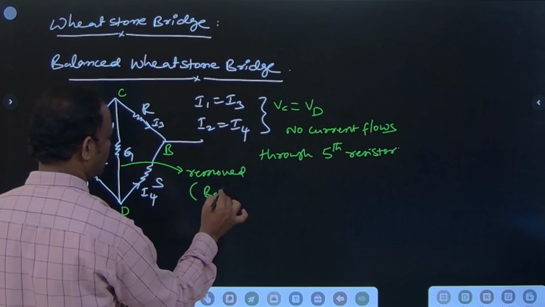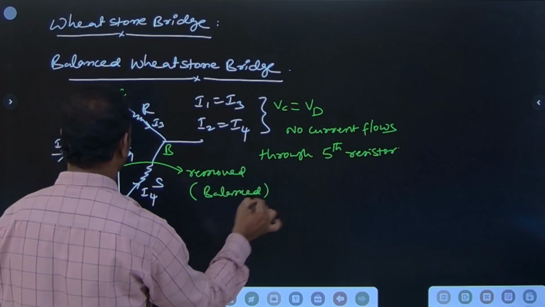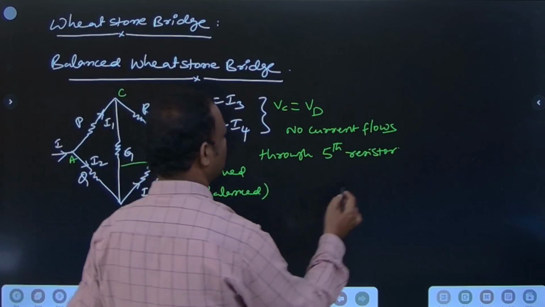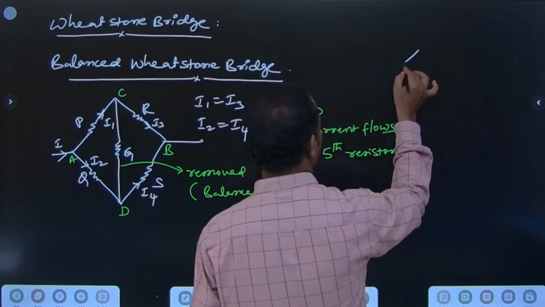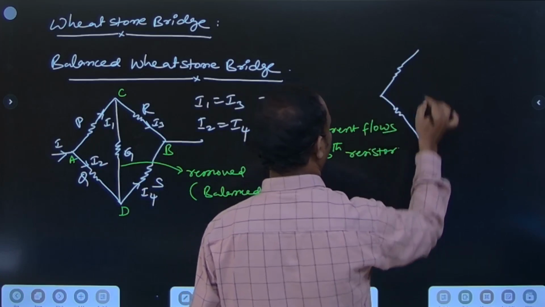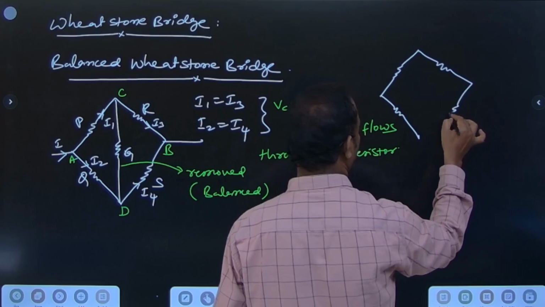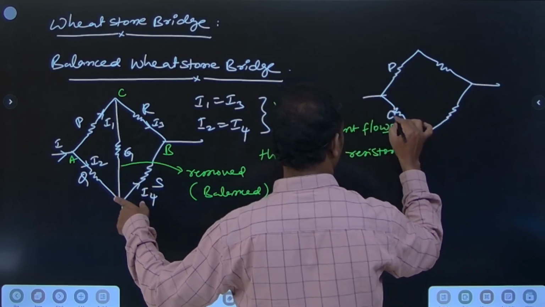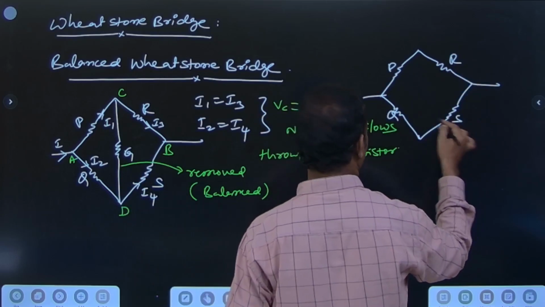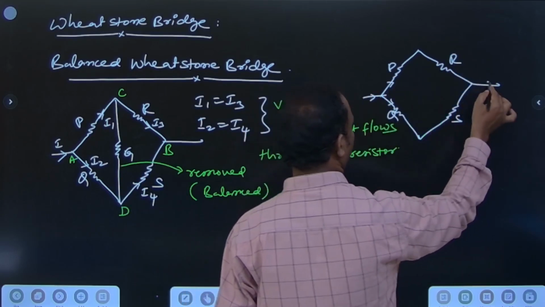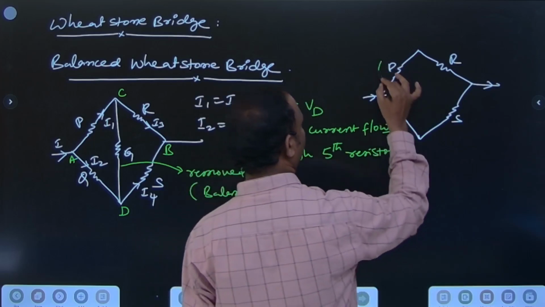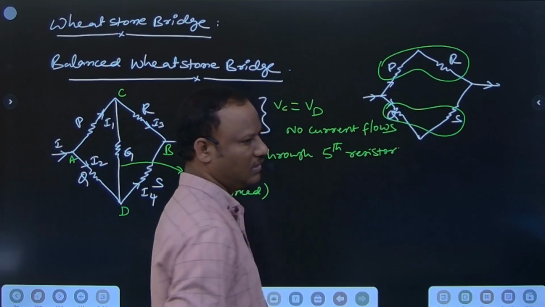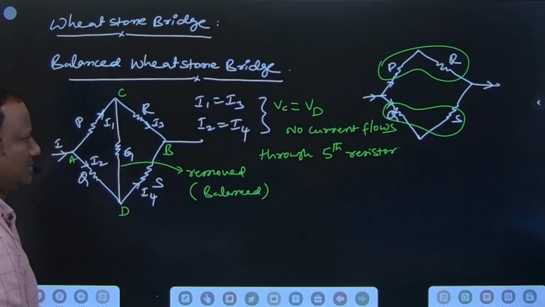For the balanced condition, when it is removed, the circuit becomes P and Q, and R and S. These two are in series, and these two are in series. Then the two branches are in parallel.